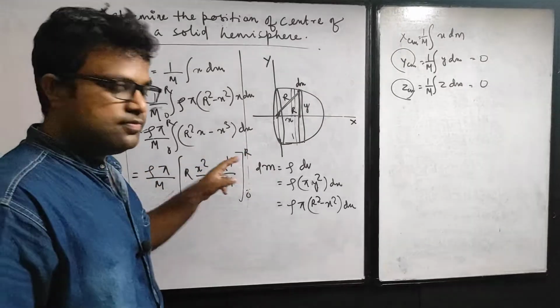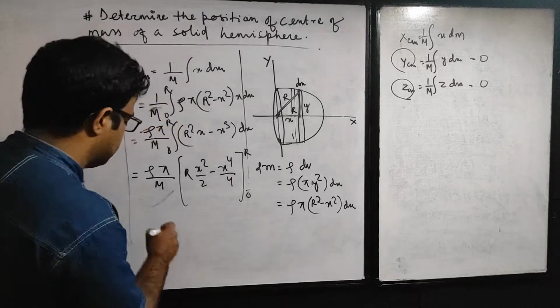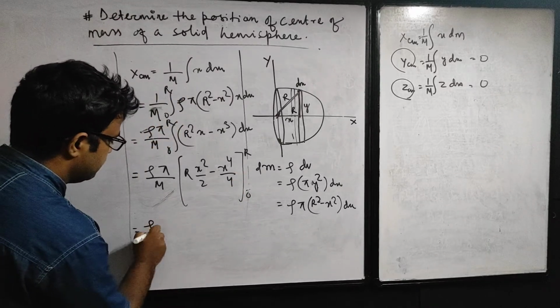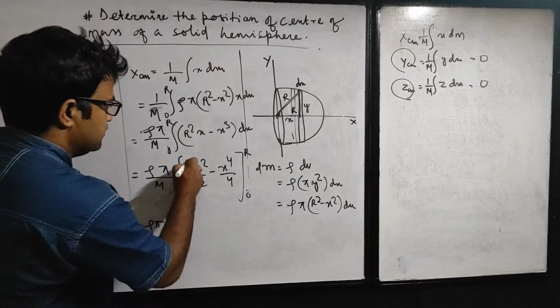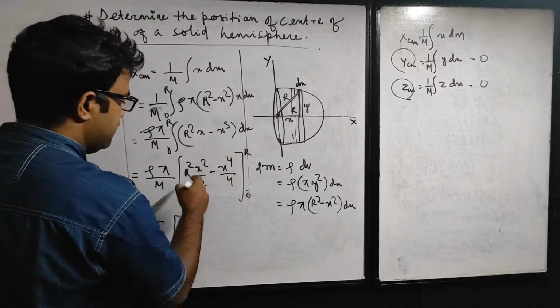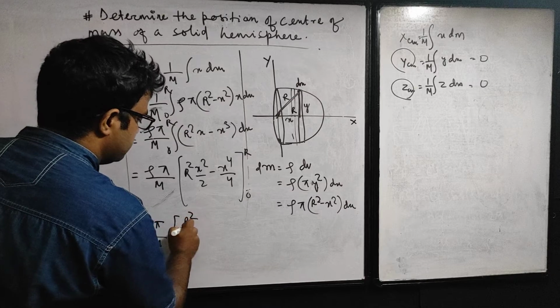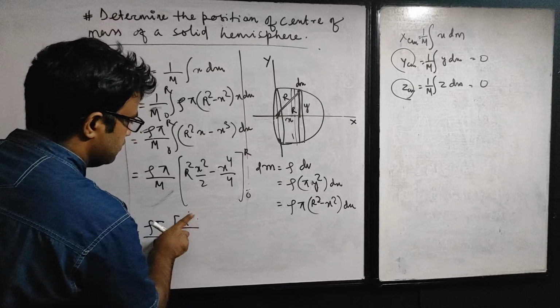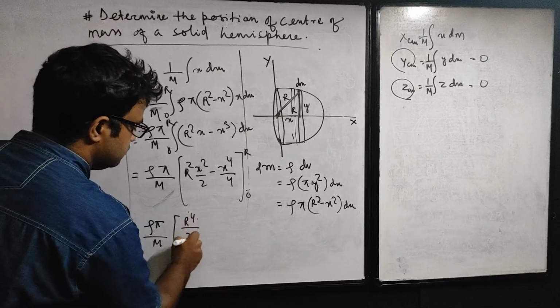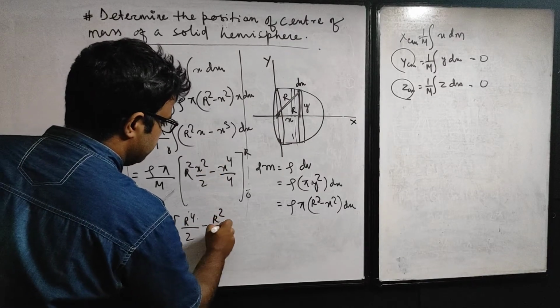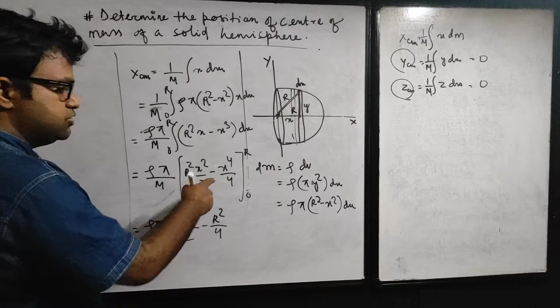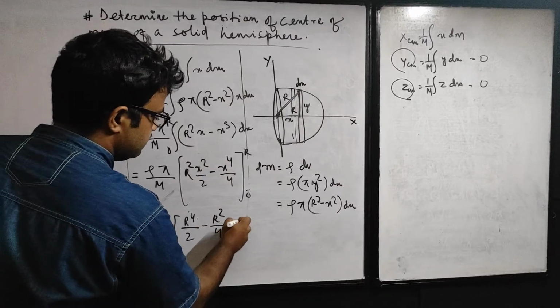So I'll put the upper limit first, then subtract the lower limit. So what I'll get is rho pi by m, r square times r square by 2, that is r fourth by 2, minus r fourth by 4, then 0 minus 0.